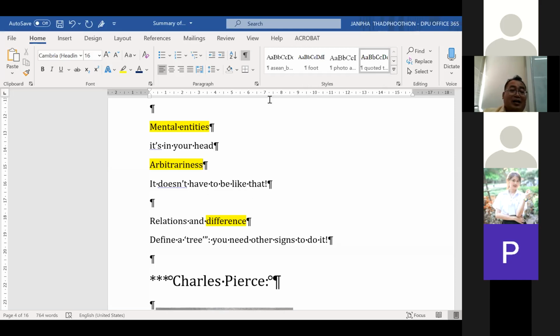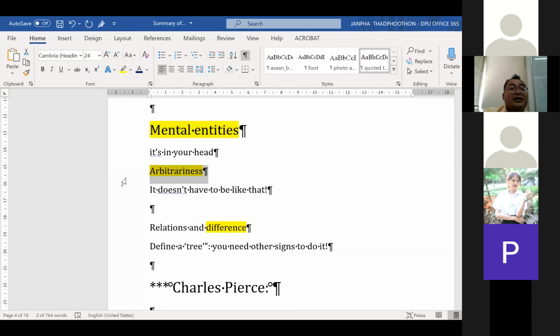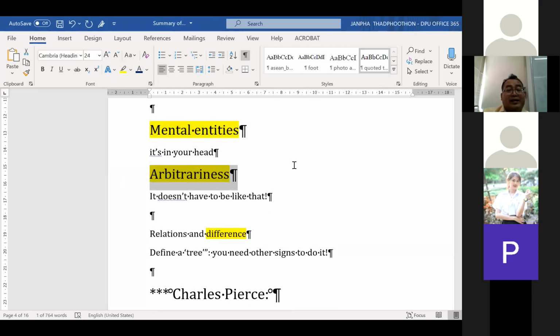Mental entity means that the signification, the manufacturing of meaning, is something in your head. It's not in the outside world.